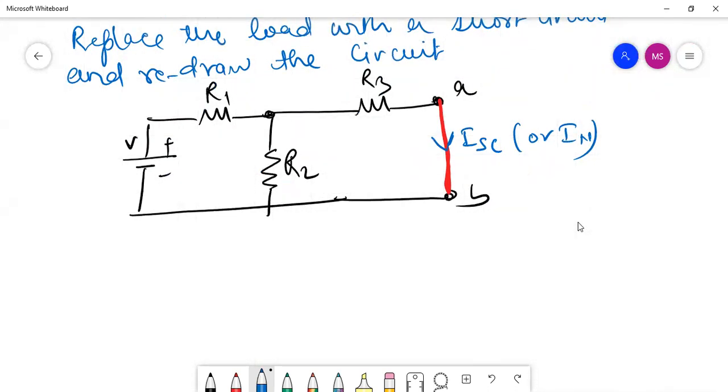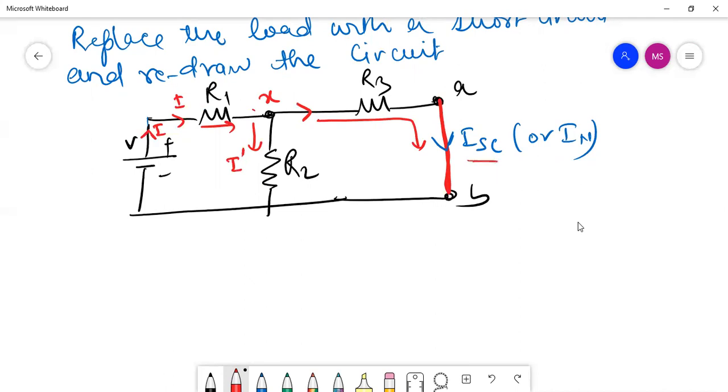That again depends upon the circuit analysis that you know. You can use any method, mesh, node, current division, voltage division, whatever, right? So let us say some current I is delivered by this particular source, and this I will flow through this R1. It will come to junction X. So at junction X, this current will be divided in this branch and some current will divide in this particular branch. Let us say this current is I dash.